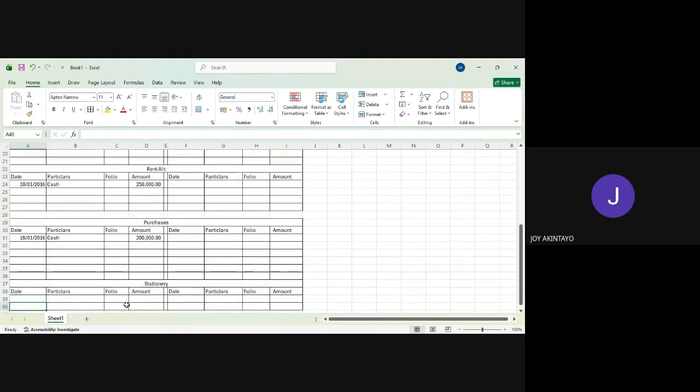Abi. What's the date? 25th. So we have cash accounts.